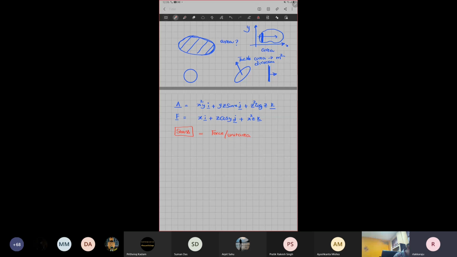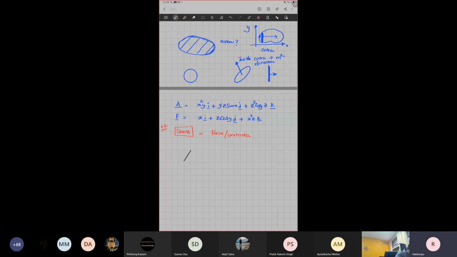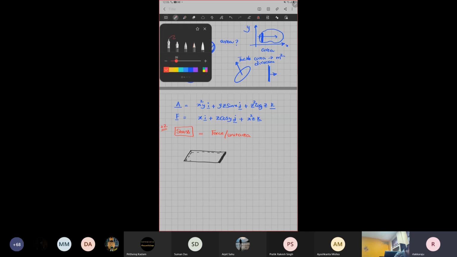That means if I go back to our plus 2 definition, I take some material, it has some small thickness, you apply something named force.